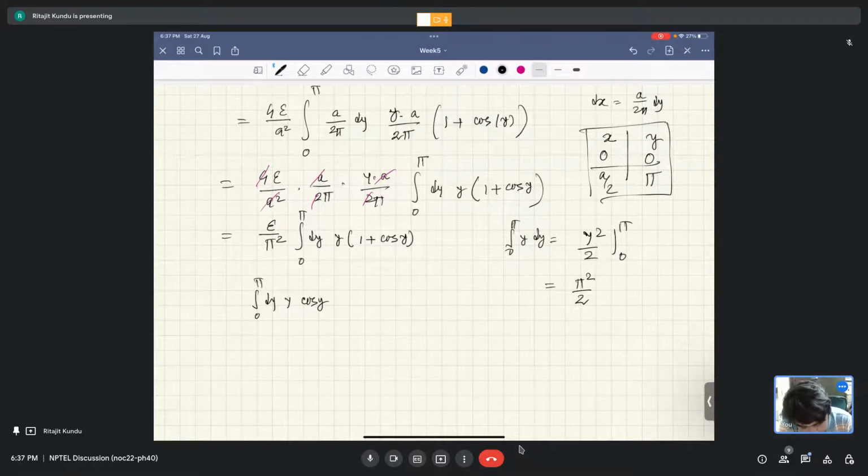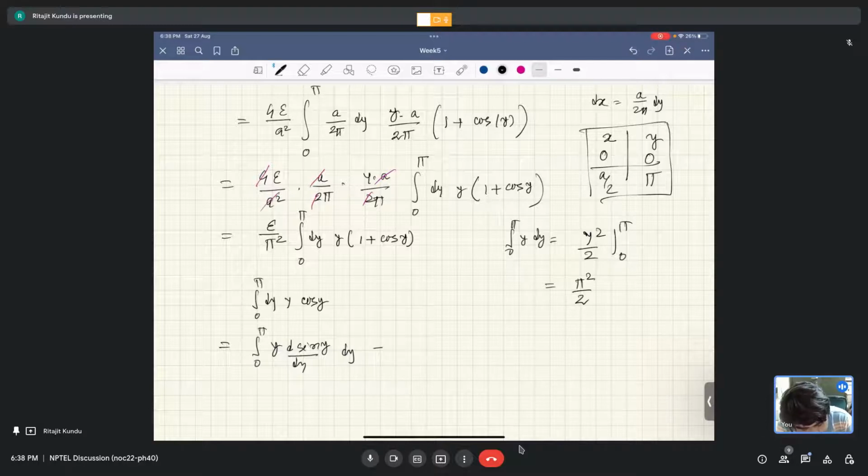Okay, so in this case I'll write this cosine y dy as d of sine y, and there will be no other signs.